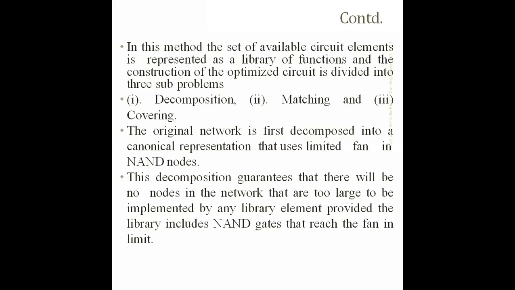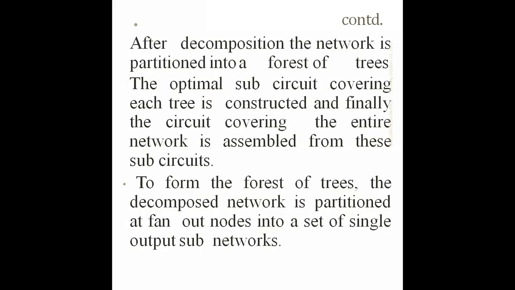This decomposition generates nodes in the network that are too large to be implemented by the library elements, provided the library includes a NAND gate that reaches the fan-in limits. In the next class I will go into these extensions.